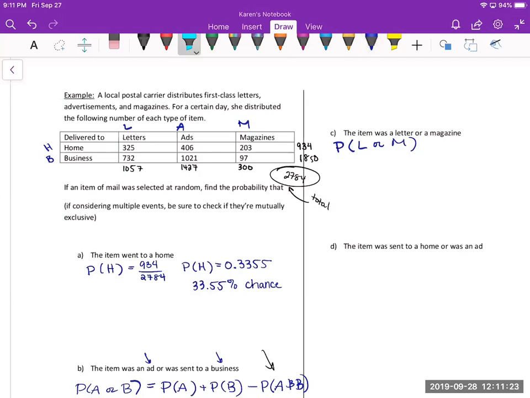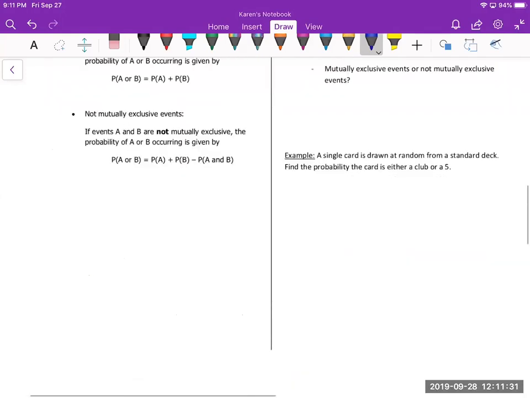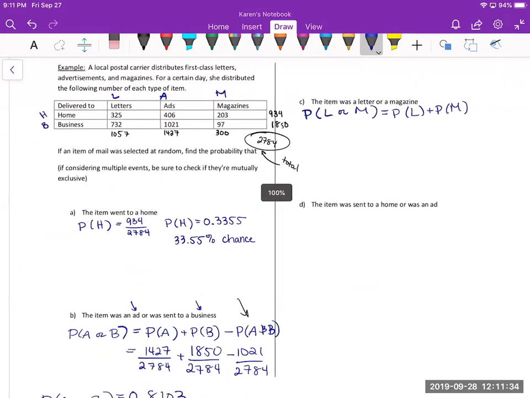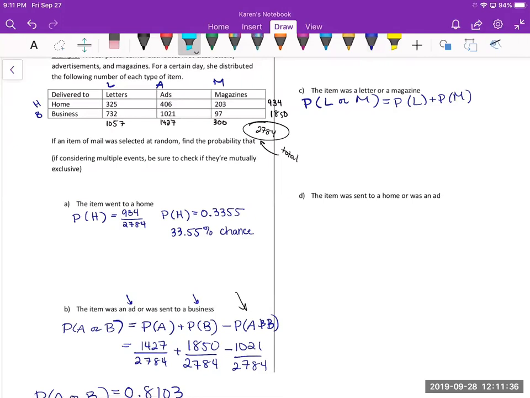There are no repeats. I'm going to just take the probability of selecting a letter plus the probability of selecting a magazine. Because here are those that are letters, here are those that are magazines. There's no overlap, there's no doubly counting.